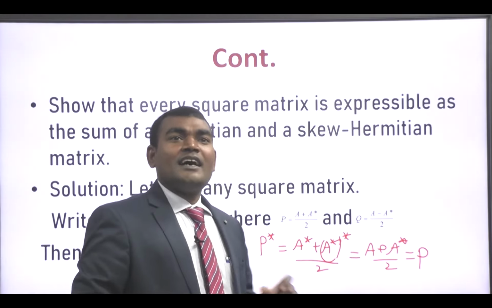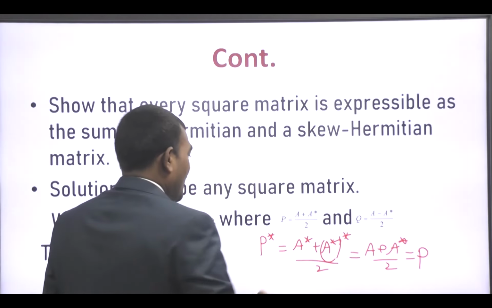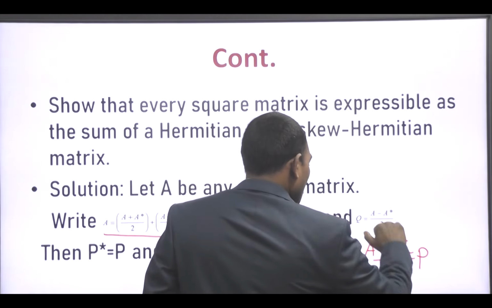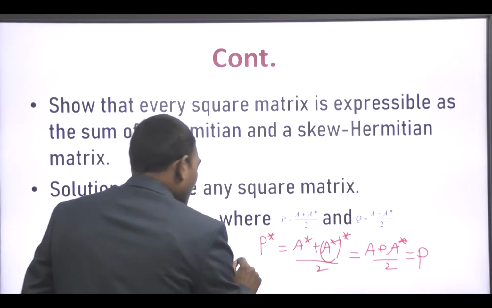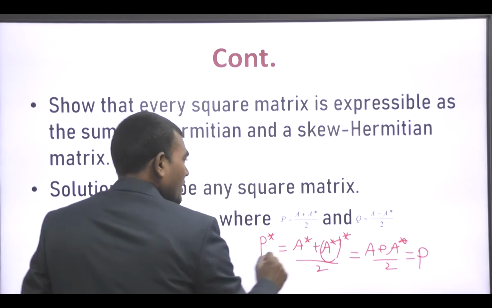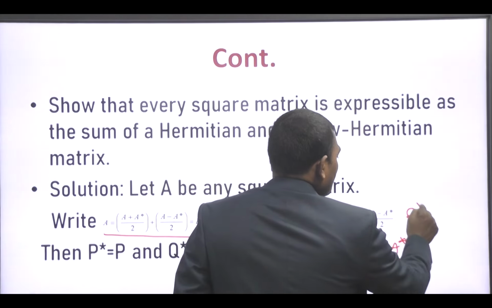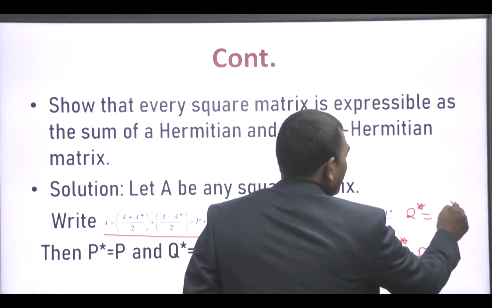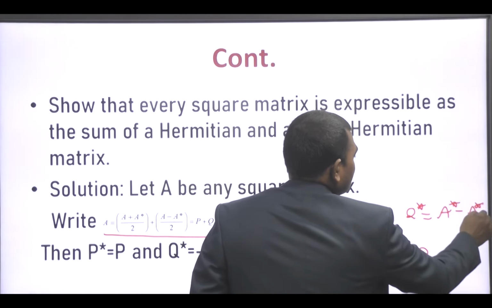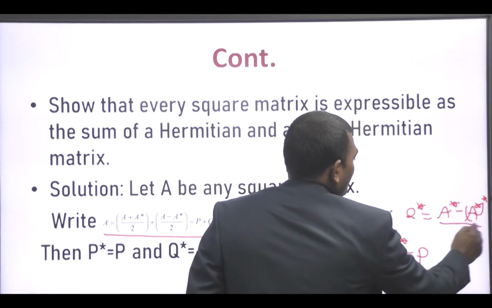Therefore P is a Hermitian matrix, because A star whole star is equal to A. In the same way we can find Q star, that is equal to A star minus A star whole star upon 2.